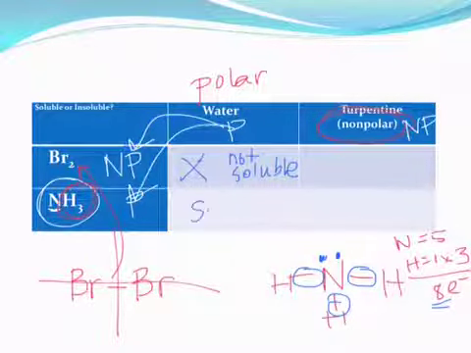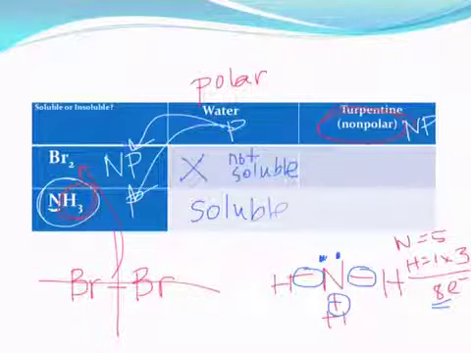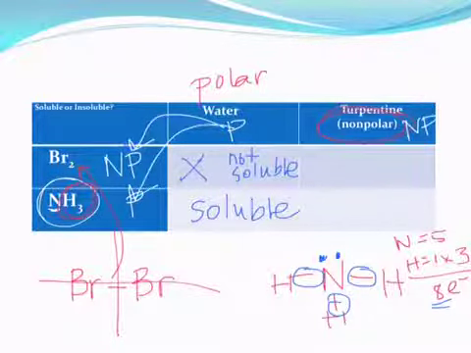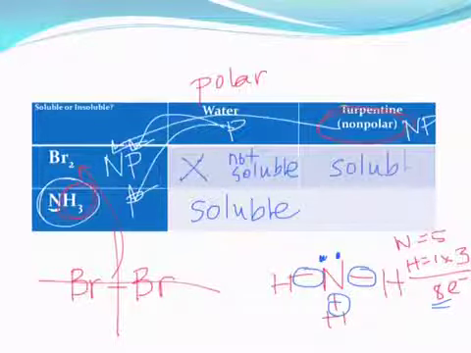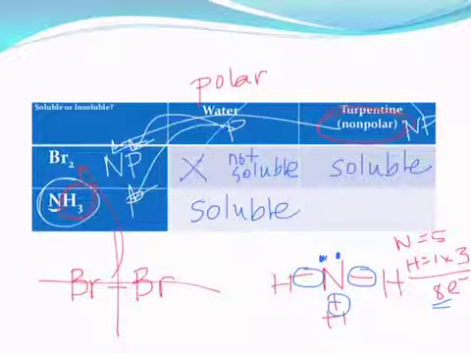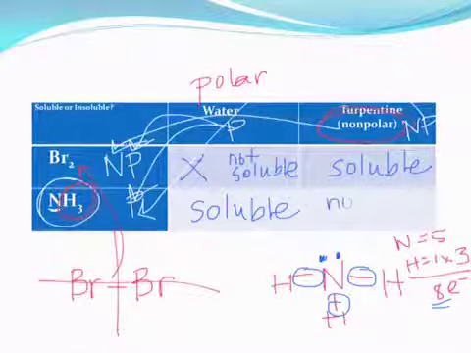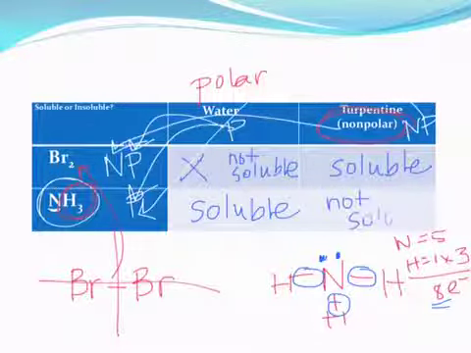So we are going to say that that one is soluble. Then we've got turpentine, which is nonpolar, with bromine, which is nonpolar. They are alike, so that one is soluble. And then our last example, nonpolar with polar, they are opposites, so they are not soluble.